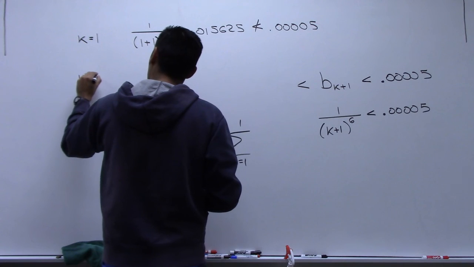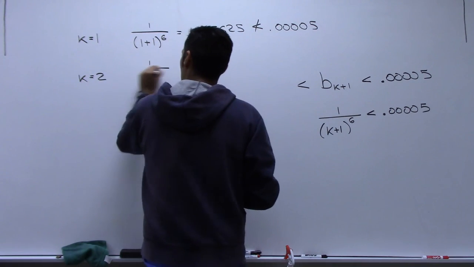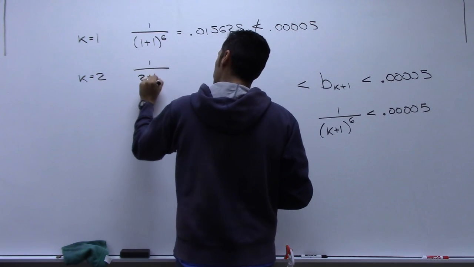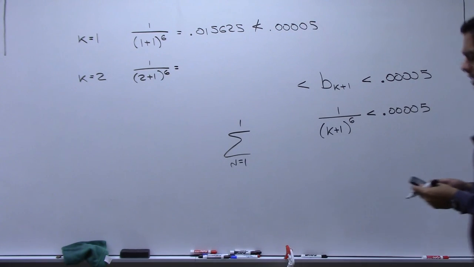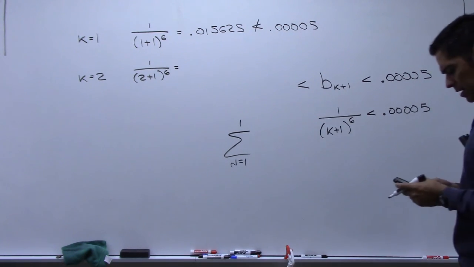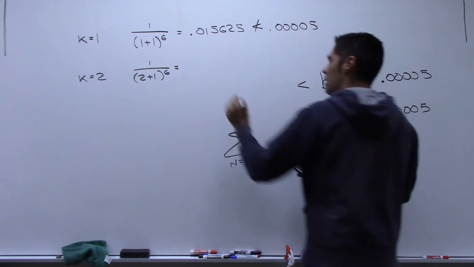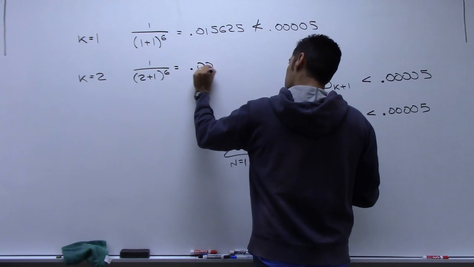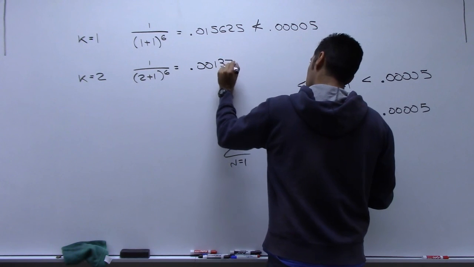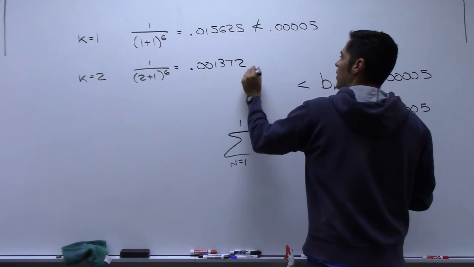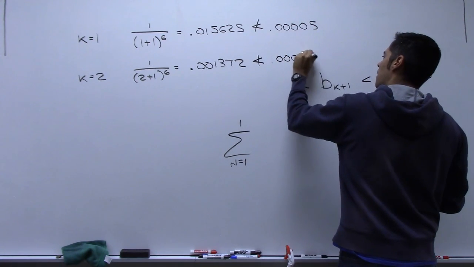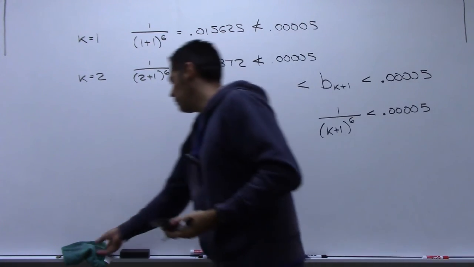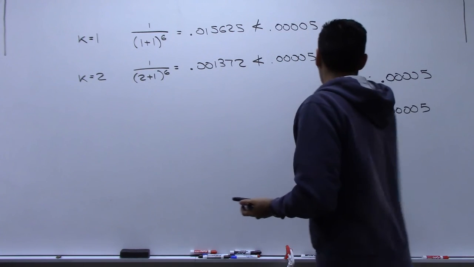If k is equal to 2, then I get 1 over 2 plus 1 to the 6th, which is 1 divided by 3 to the 6th. This is equal to 0.001372-ish, somewhere around there. And again, that is not less than 0.00005. So I've got to try something else.